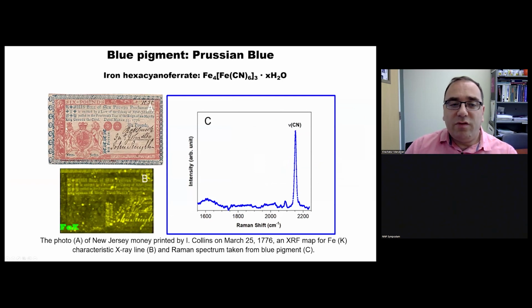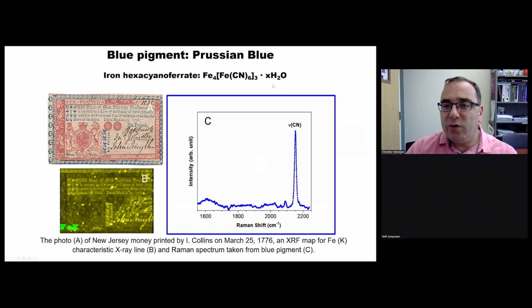So over the time, you see that it becomes, this is one of his partners, an interesting design with lots of red, and also a very interesting blue pigment here, which has lots of iron. And then Raman spectroscopy showed us that this is a so-called iron hexacyanoferrite, or Prussian blue.